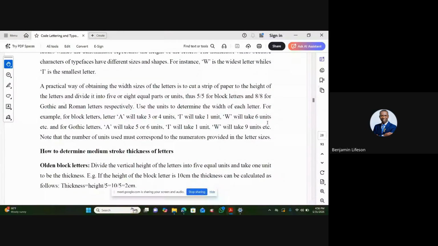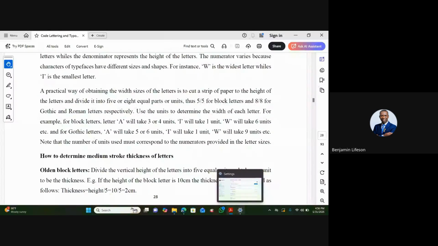Can you see my slide? Yes, please. Okay, if you can see it, let's proceed.